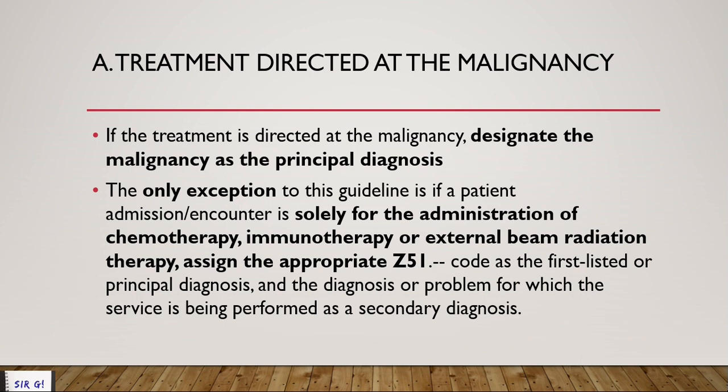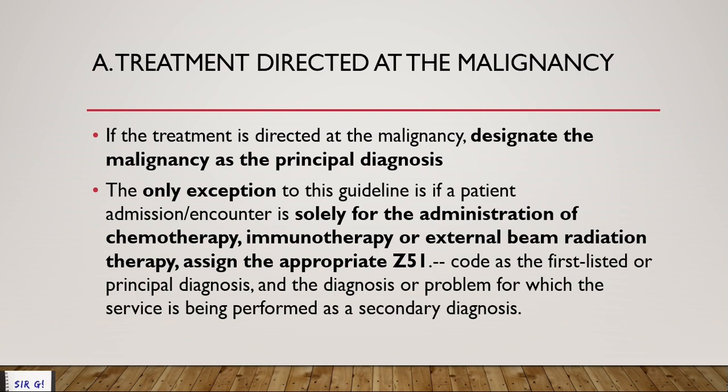The only exemption to this guideline is if a patient admission or encounter is solely for the administration of chemotherapy, immunotherapy, or external beam radiation therapy: assign the appropriate Z51. Remember guys, the treatment of your malignancy is mostly chemotherapy, immunotherapy, and external beam radiation therapy. And the code for those is under category Z51.